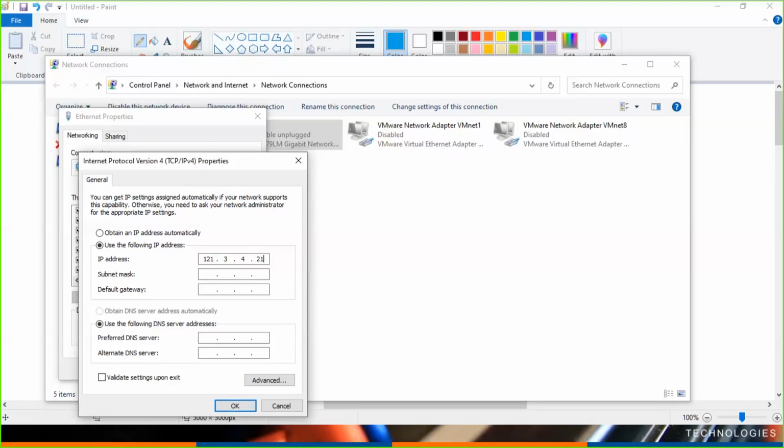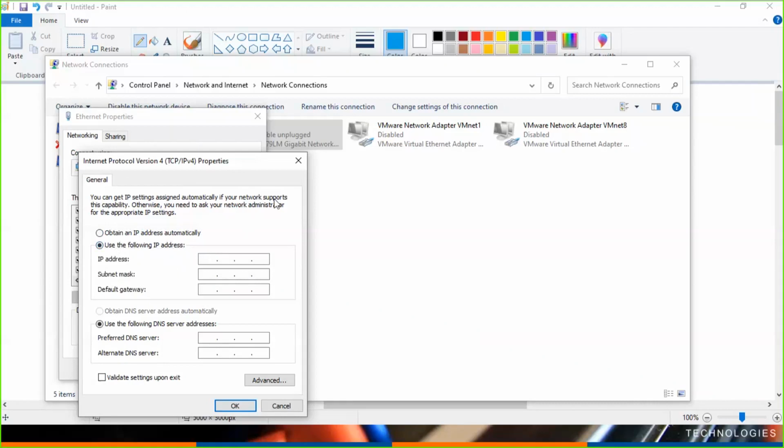The second line is the subnet mask. If you press Tab, it will fill automatically: 255.0.0.0. To modify the IP address, click on the top, again click on the bottom, use the following IP address.